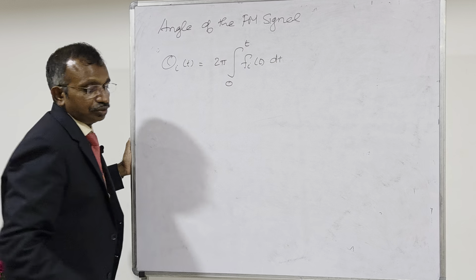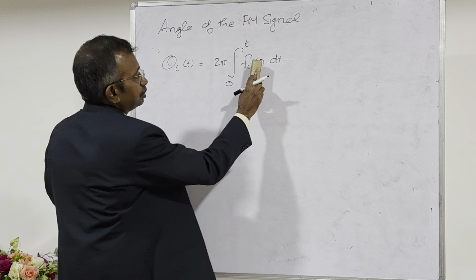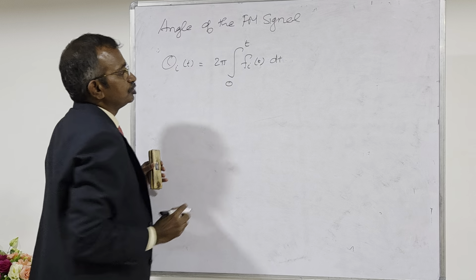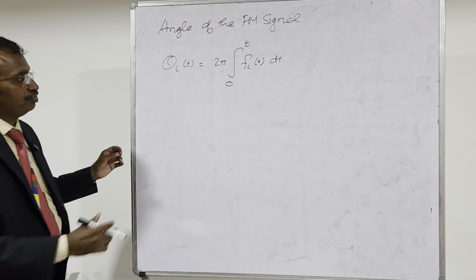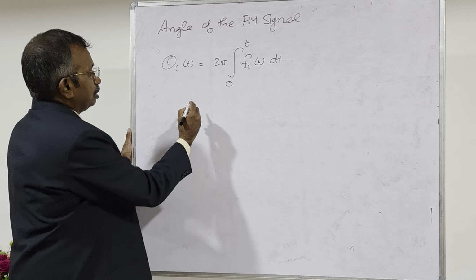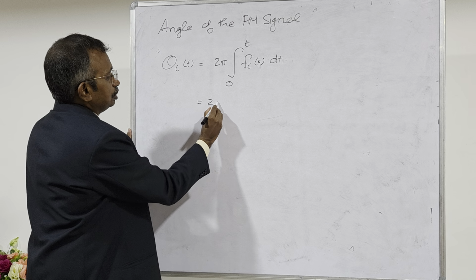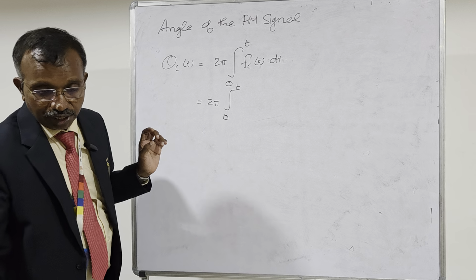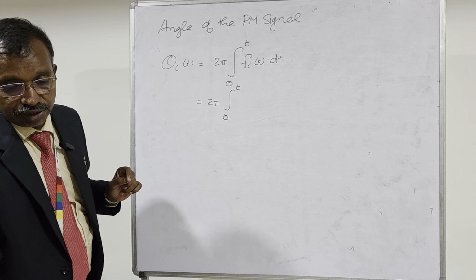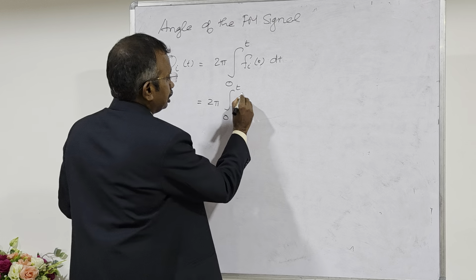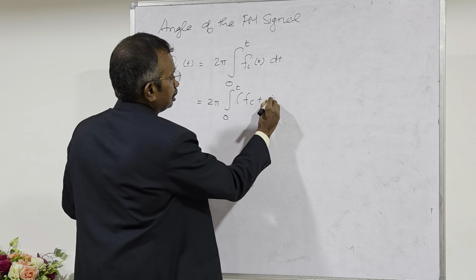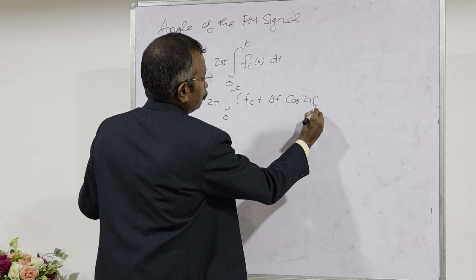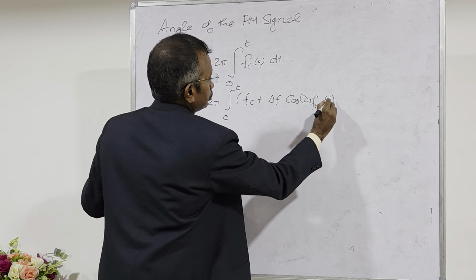So f I of t, already I derived that as fc plus del f into cos 2 pi fm into t, so theta I of t is 2 pi integral 0 to t of fc plus del f into cos 2 pi fm into t into dt.